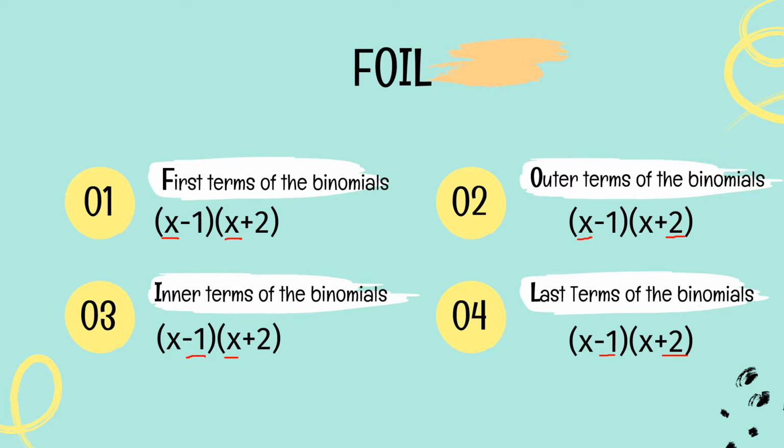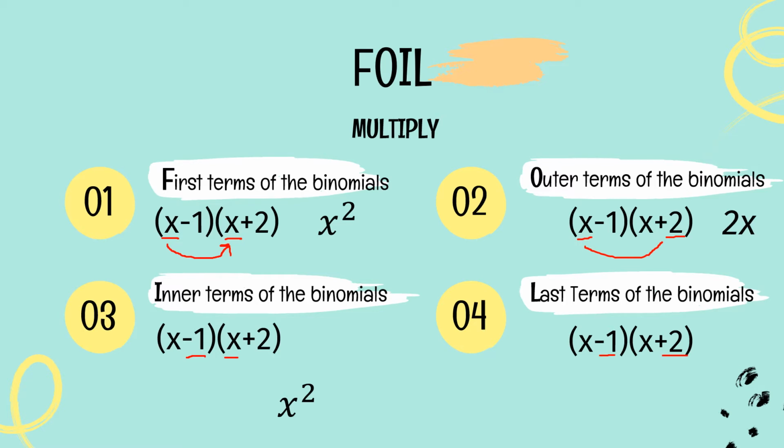Once you are done identifying those, you are now going to multiply those terms. First, multiply the first terms of the binomials: x times x is x squared. Next, multiply the outer terms: x times positive 2 is 2x.